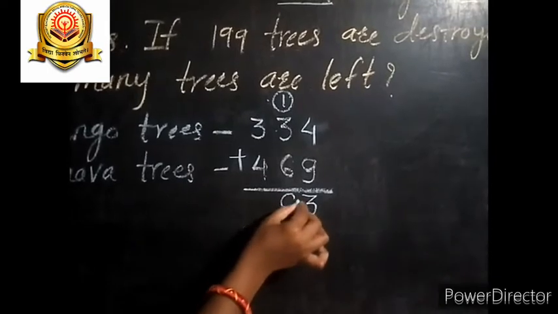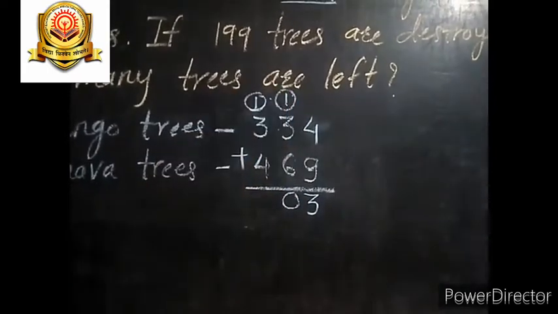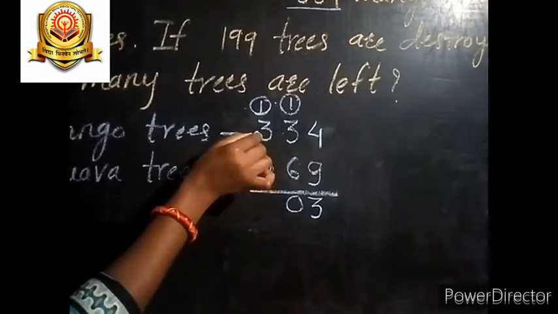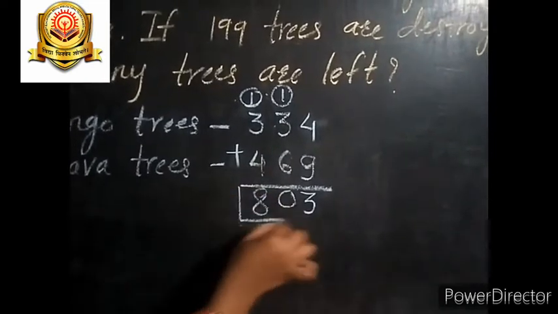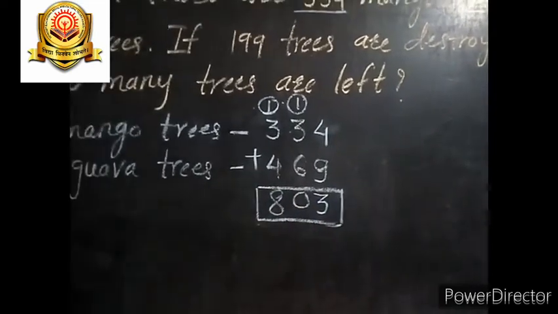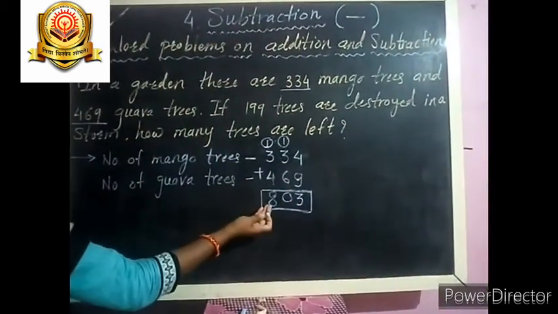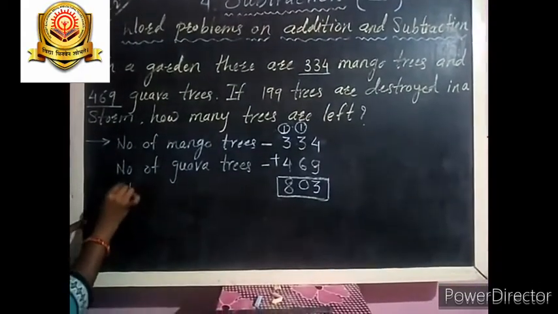So write here 0 and carry 1 to the hundreds column. Now students, 1 plus 3, 4. And 4 plus 4, 8. So finally we got the total number of trees. How many total number of trees? 803.